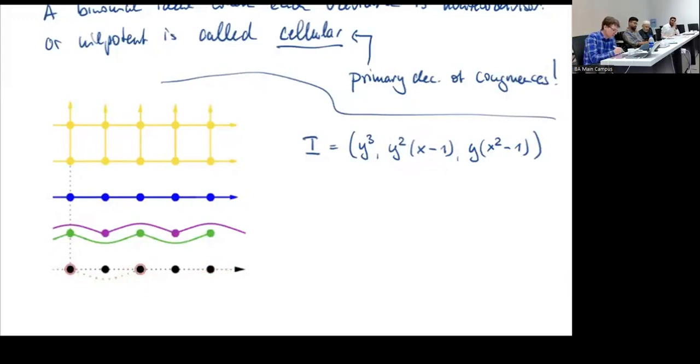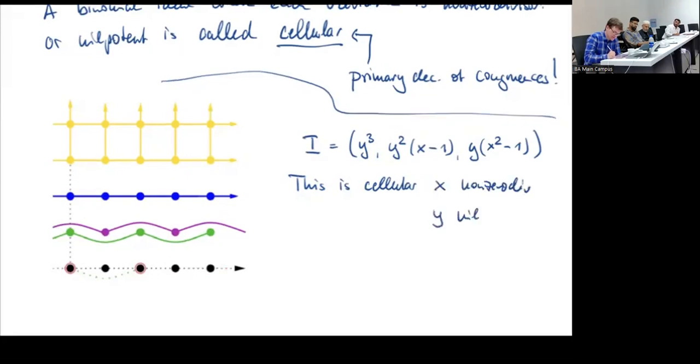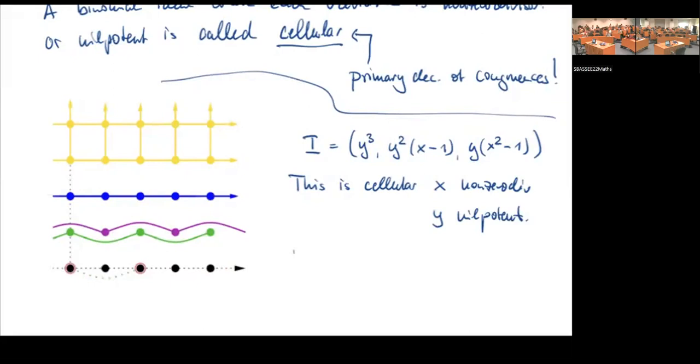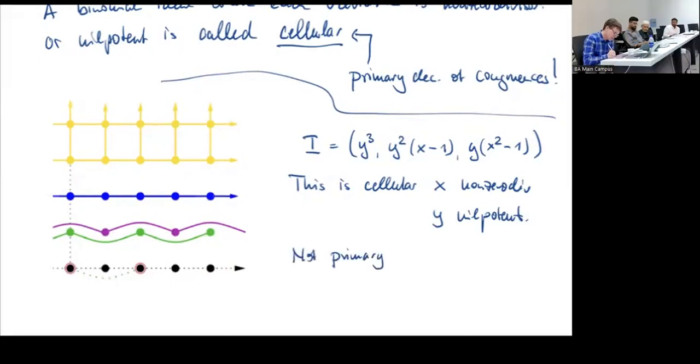Now this is cellular, because x is a non-zero divisor and y is nilpotent. Okay, but it's not primary. Not primary, not mesoprimary.